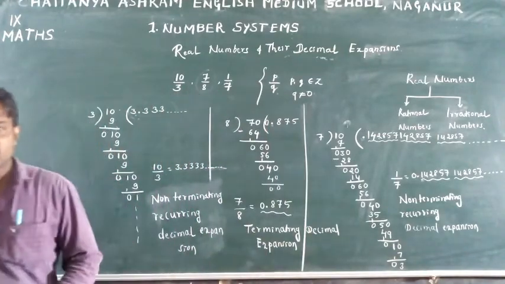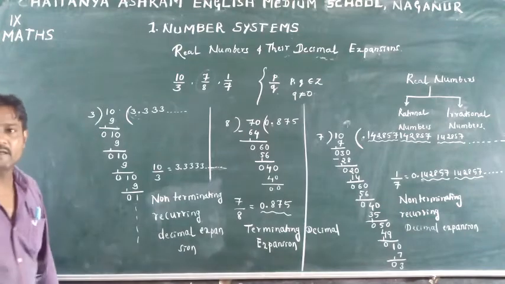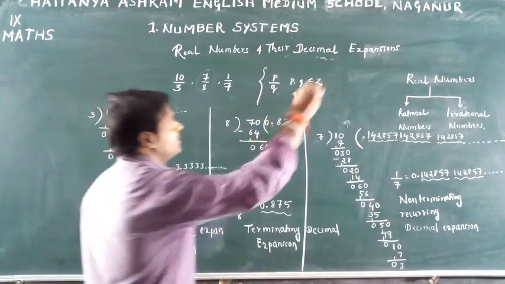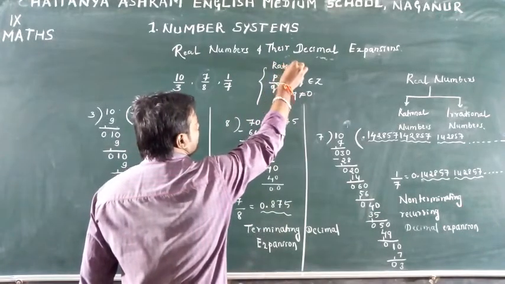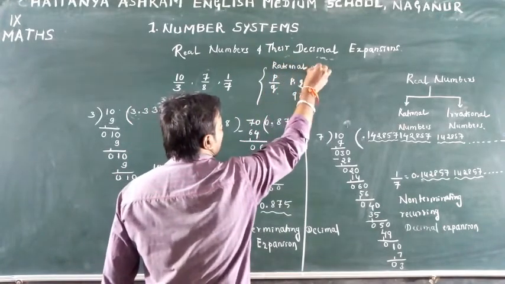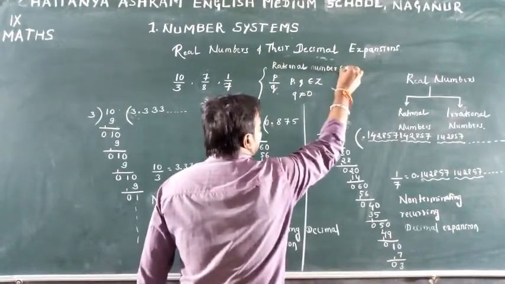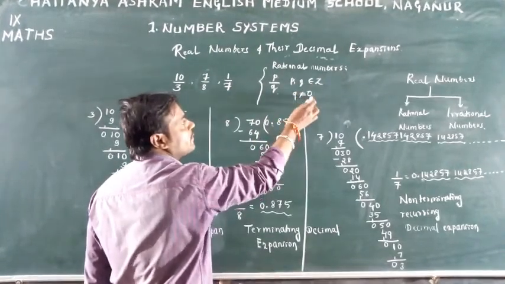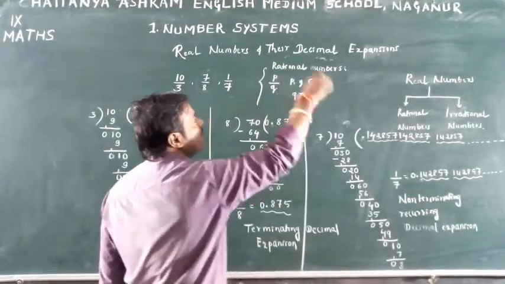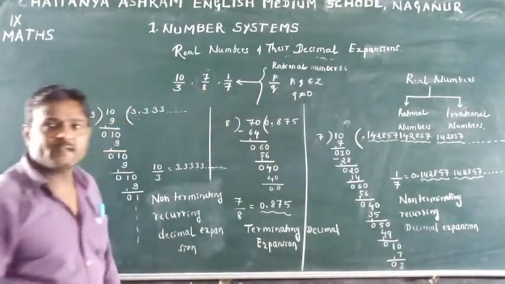So dear students, keep in your mind that a rational number has a decimal expansion of two kinds. Rational numbers are in the form of p by q. P and q are integers, q is not equal to 0. Such numbers are called rational numbers. Okay, these are the examples of rational numbers.